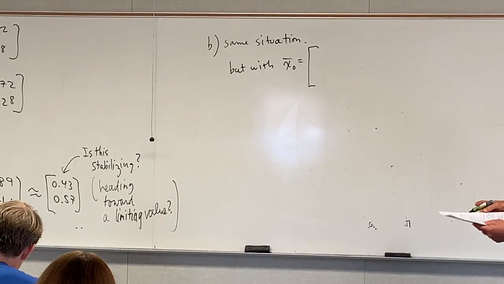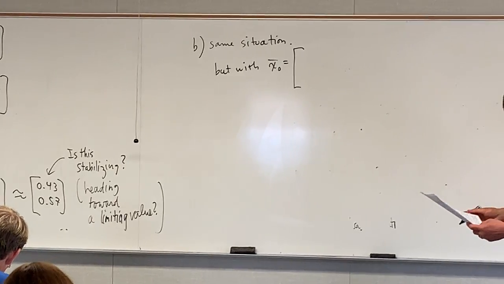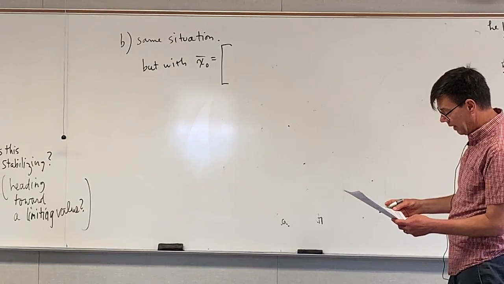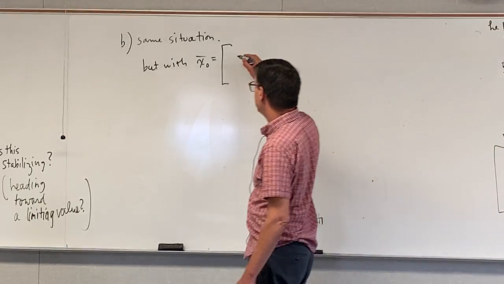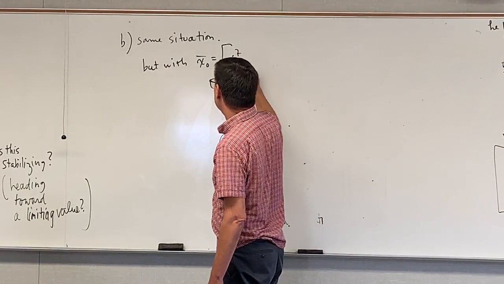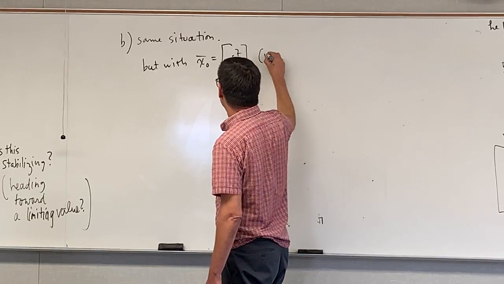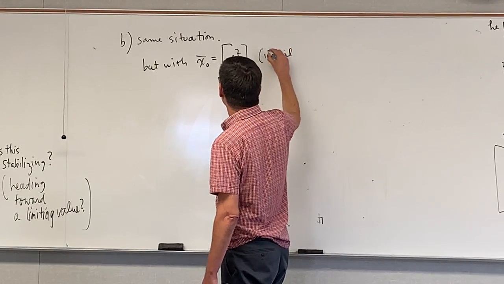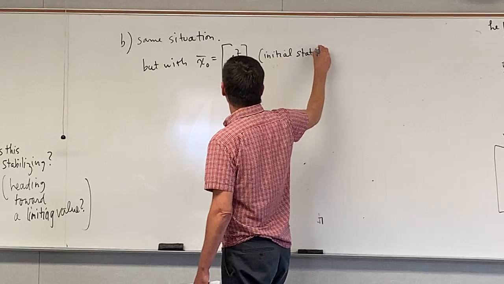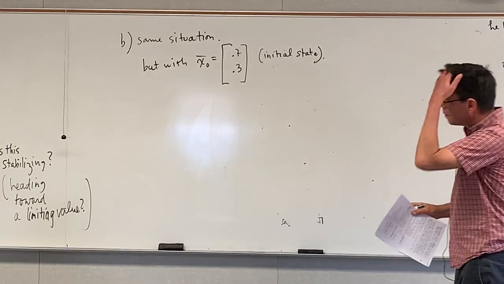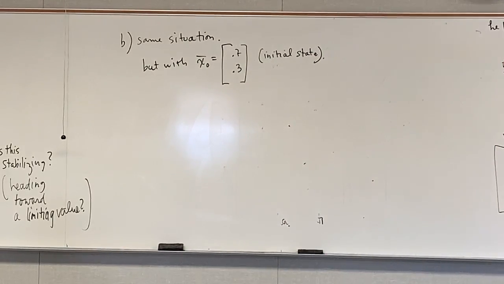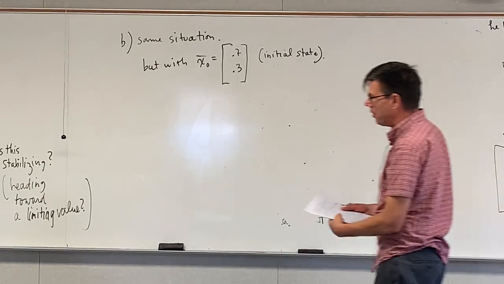Well, we're saying compare the situation if there is a 70% chance that Mr. P had eggs for breakfast today. So if x0 is 0.7, 0.3, say, the initial state, right? So from part A, I'm suggesting pretty heavily that we are approaching some sort of limiting value.